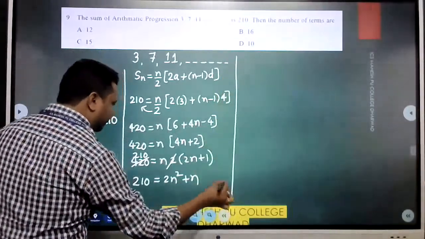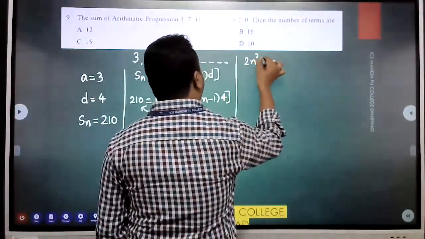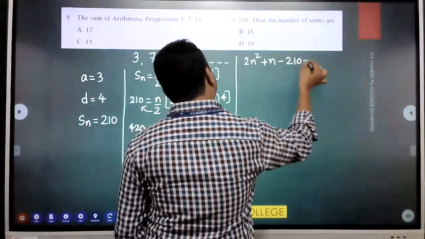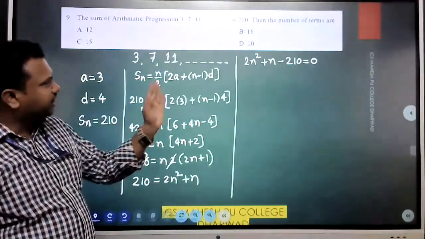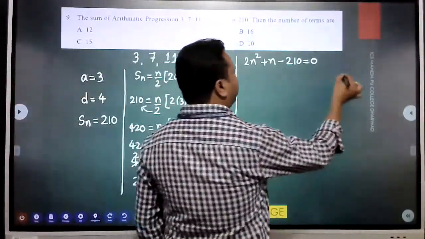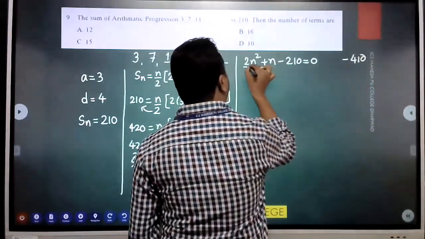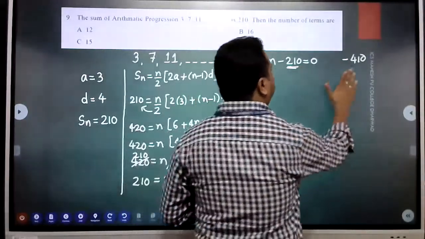Now you simplify, you will get a quadratic equation, right? 2n square plus n minus 210 is equal to 0. Correct? Now you should split the terms. I repeat, you are multiplying these two quantities, 2 and minus 210, we are having minus 420.